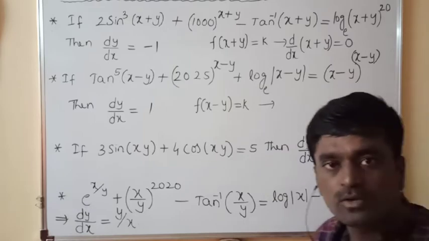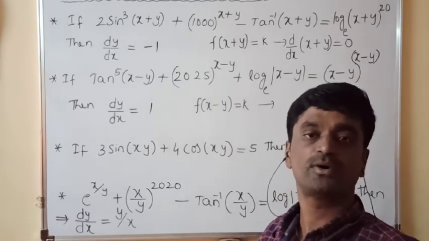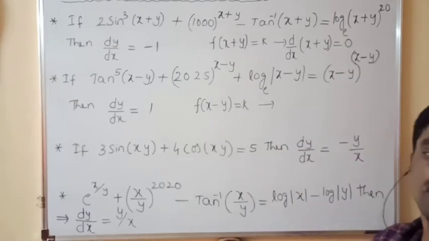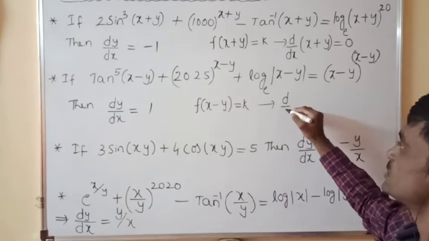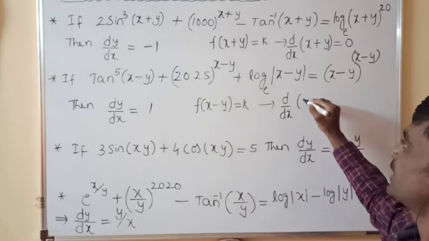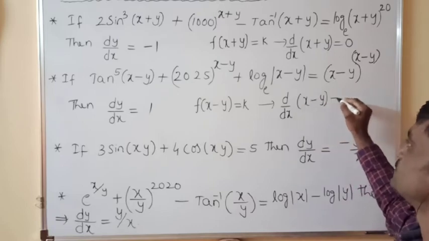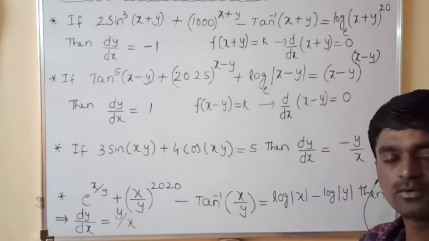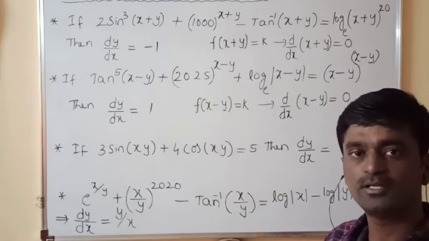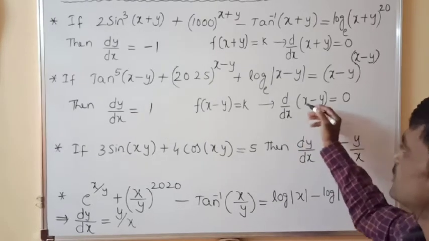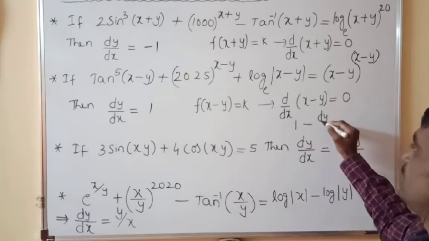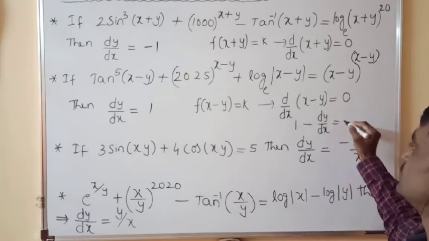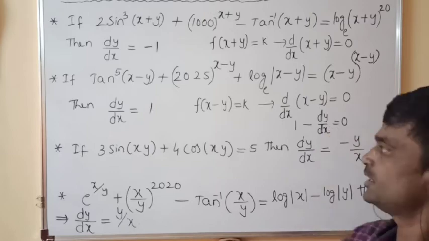As the given equation is in the form of function of x minus y equals k, to get dy by dx you have to solve d by dx of x minus y equals 0. See, d by dx of x is 1 minus d by dx of y, which is dy by dx, equals 0. From this equation what do you get for dy by dx?